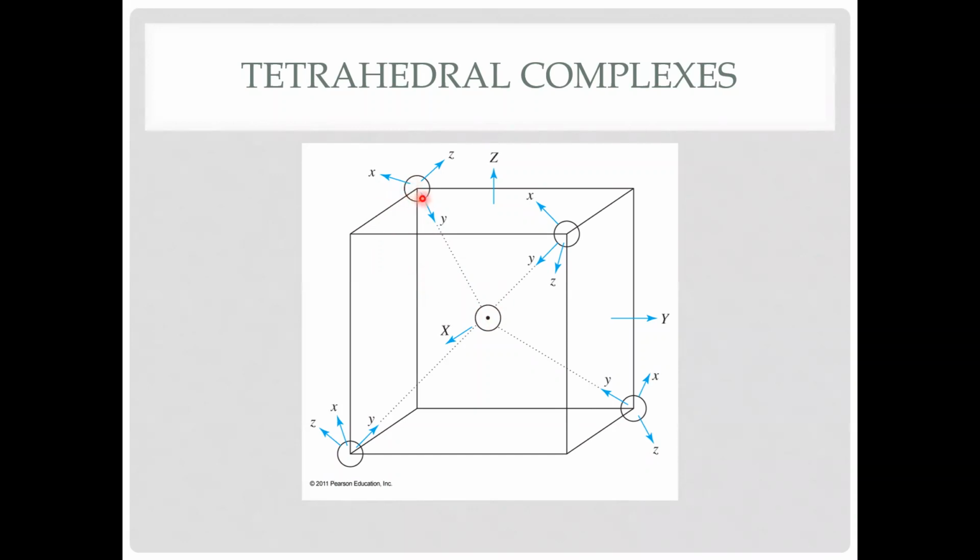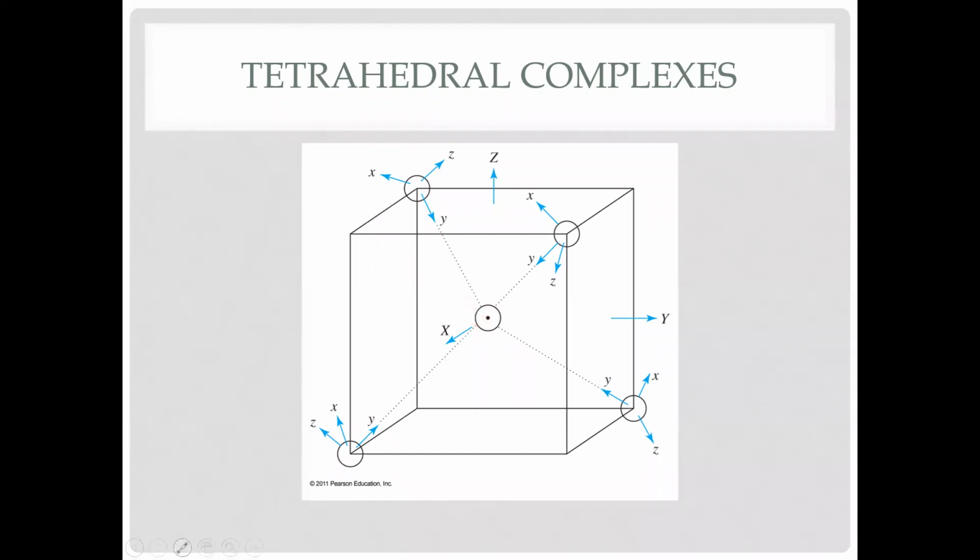The fact that it's not pointed directly at it means that this effect is going to be less. Okay, so we're going to see less movement, but it also means that we're going to see movement in the dxy, the dxz, and the dyz. Those are our t2 orbitals.